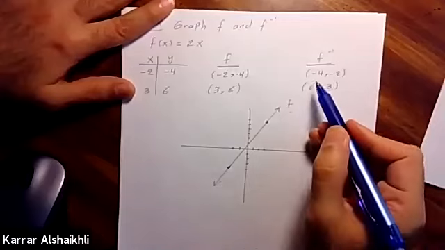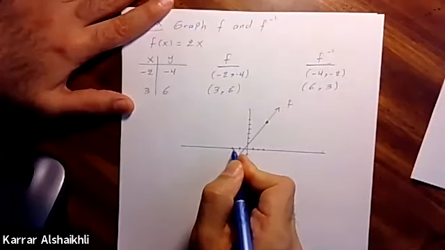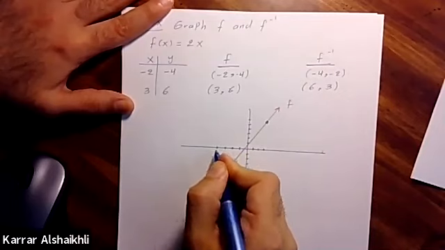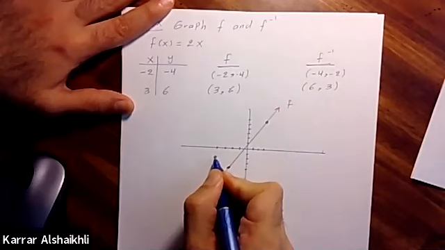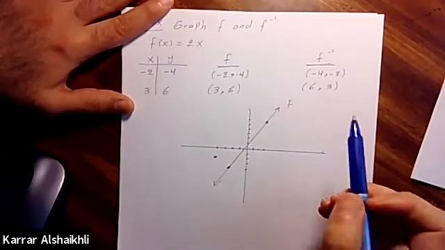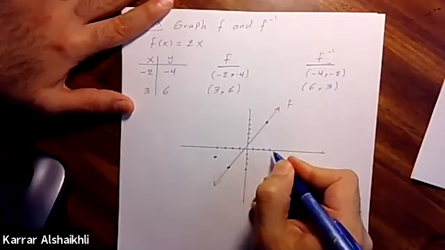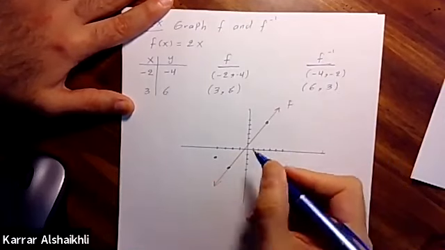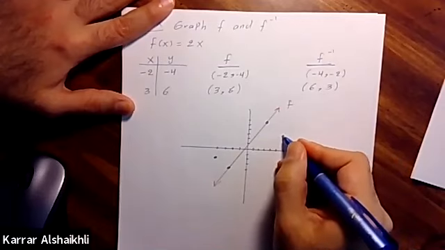The first point, -4, -2: -1, -2, -3, -4, and -2 is going to be here. So here is the first point. 6, 3: 1, 2, 3, 4, 5, 6, and the 3: 1, 2, 3. So it's going to be here.